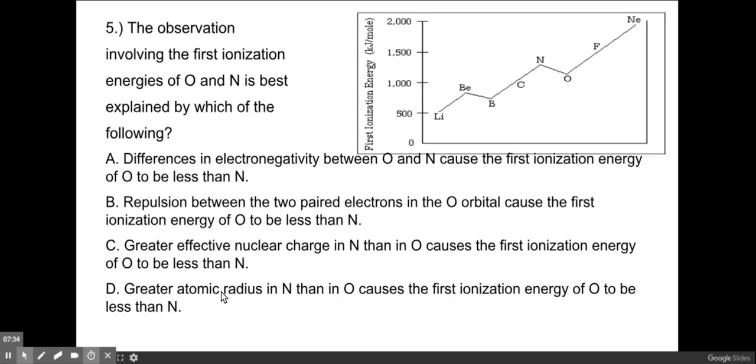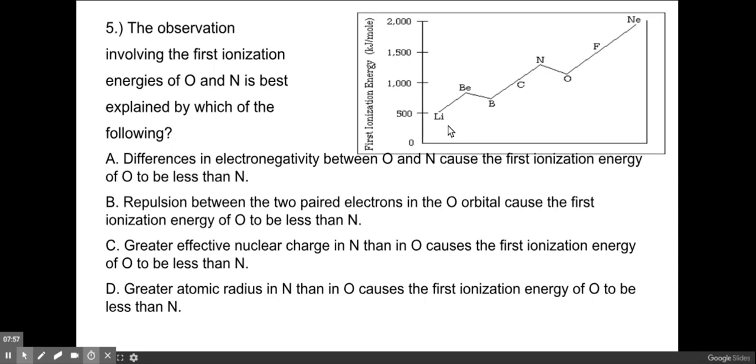Now, question number 5, the observation involving the first ionization energies of oxygen and nitrogen is best explained by which of the following? So let me tell you what they're after here. Notice that we're going from lithium to neon. That is working across the period in period 2 of the periodic table.